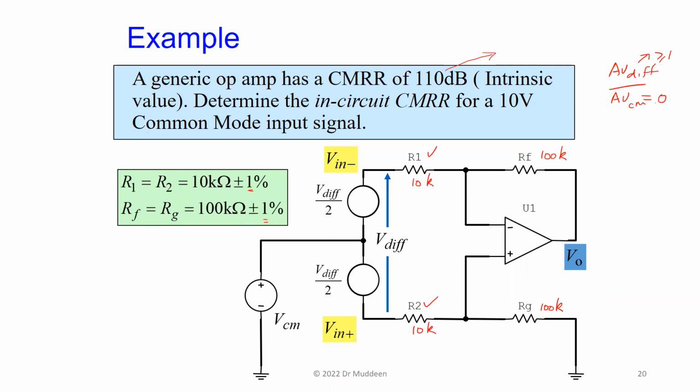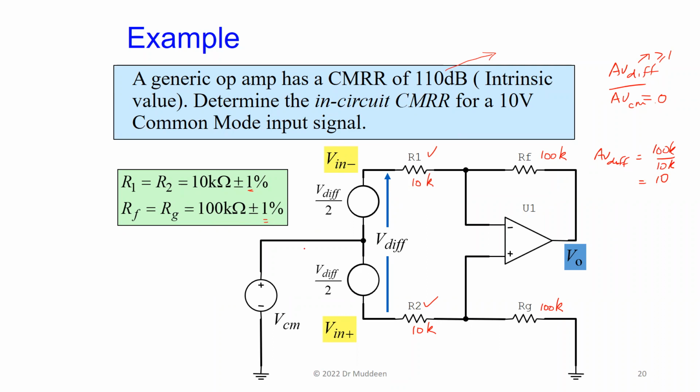If all the resistors were exactly the values that they have here, AV diff is simply 100K over 10K, or 10.